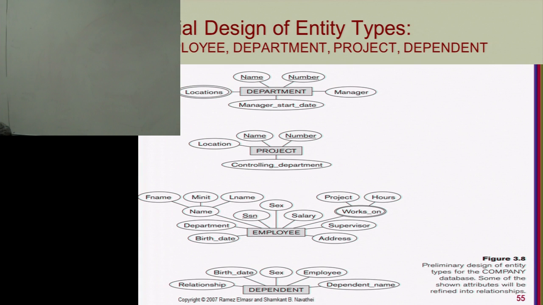Remember when we were talking about the informal description, we wrote the title of the relationship, and then there was a line below it, right? In which we said, each one of this is related to how many of this, and vice versa. How many of this related to how many of this, right? So this is what we call multiplicity. We haven't seen how to represent this yet.